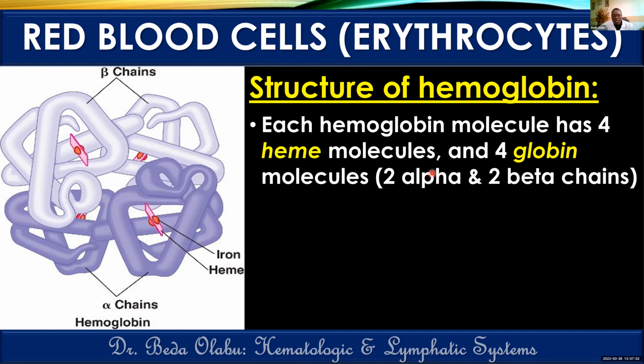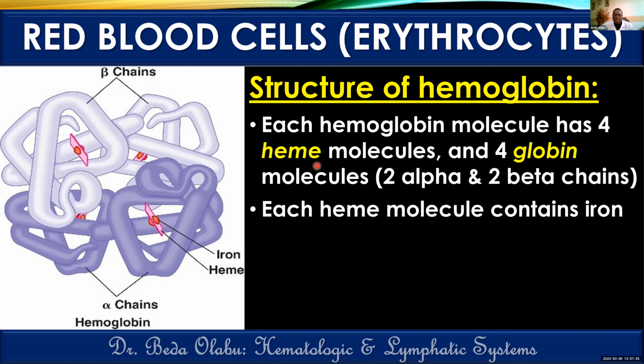The globin molecules are of 2 varieties. We have 2 alpha chains and 2 beta chains of globin, making 4 globin molecules and 4 heme molecules. This is what we see in the adult type of hemoglobin.